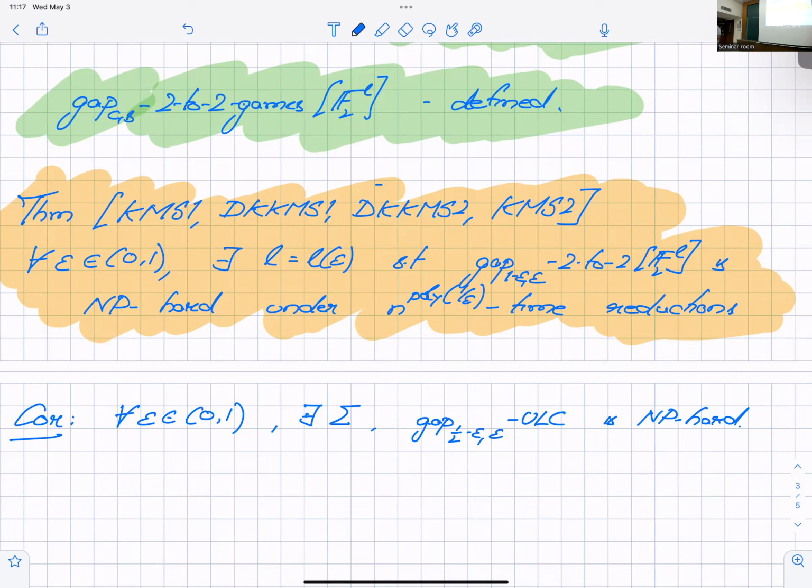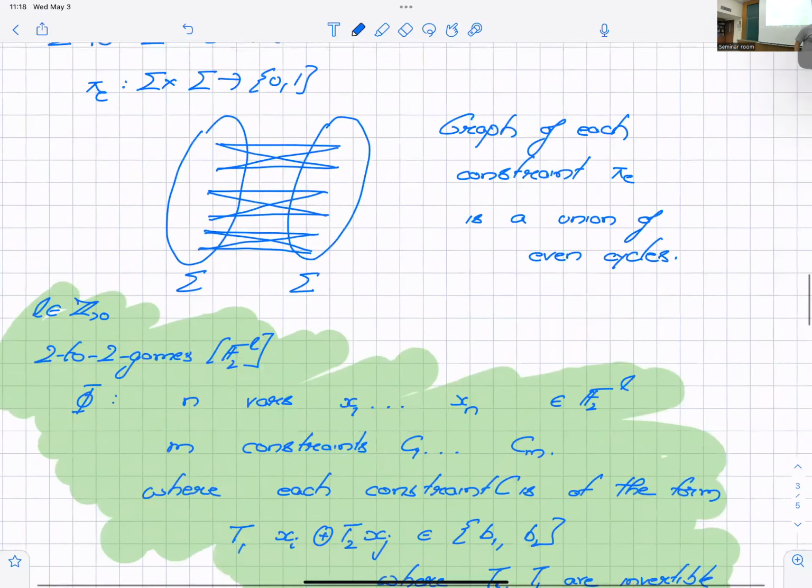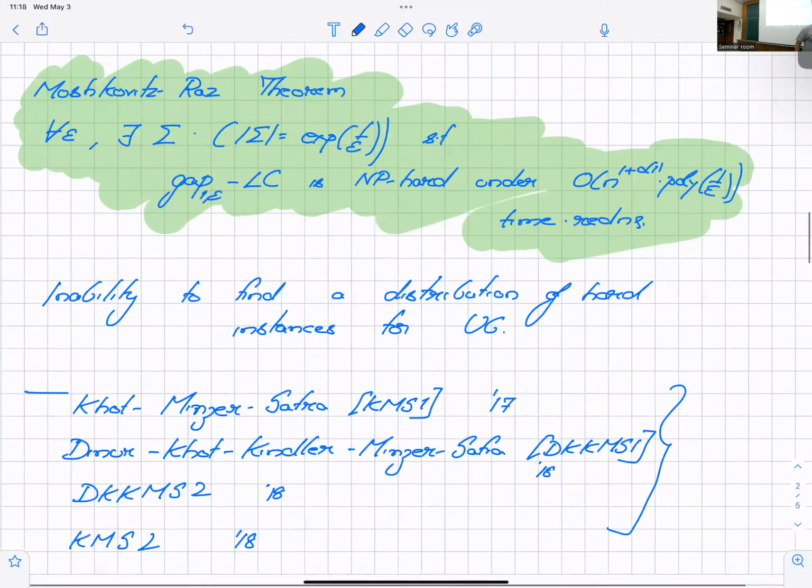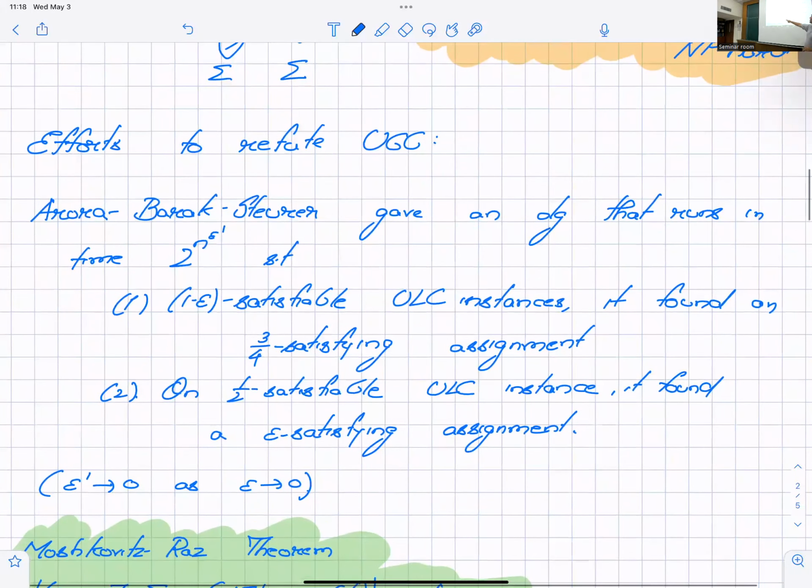So the question is this: possibly their algorithm is right. They give you an algorithm with epsilon prime, epsilon going to 0. And possibly you cannot do better than that 2 to the n to the epsilon prime algorithm.